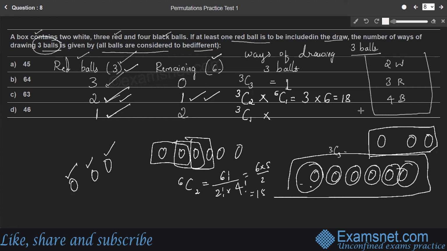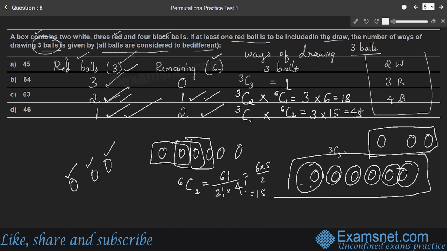So therefore, 6C2 into 3C1. So 3C1 is 3 itself into 6C2 which is 15. There are 45 ways of drawing 3 balls, such that 1 ball is red, and the remaining 2 balls may be white or black.